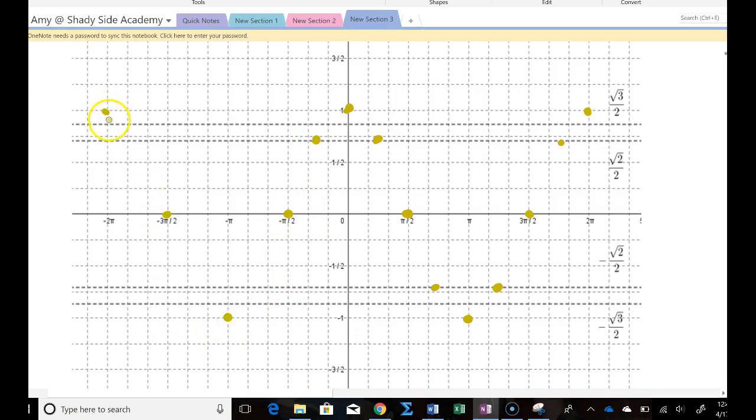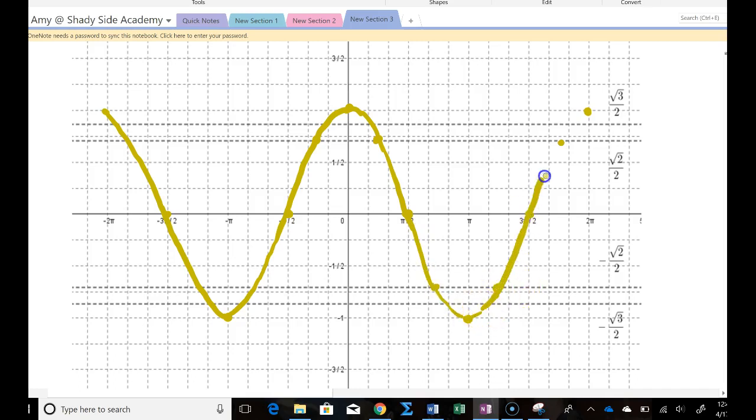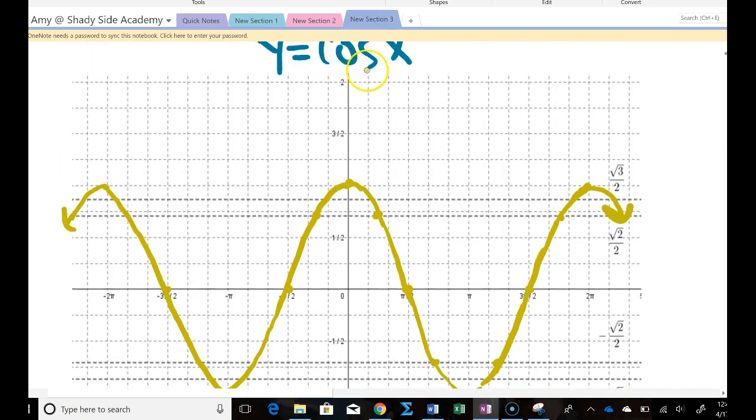Okay, so I hope with reasonable accuracy, what you're noticing is that y equals cosine of x is also a periodic or sinusoidal function. Some of you might say, shouldn't we call it cosinusoidal? And the answer is no. The word sinusoidal doesn't mean that the function here has to be sine.